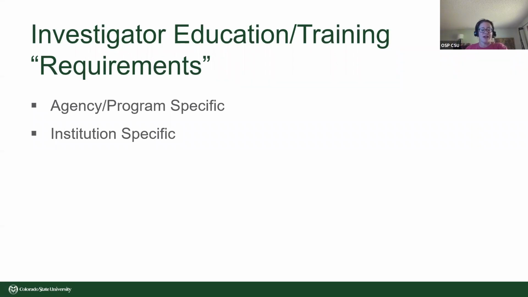The one takeaway on this slide I would say is if your institution has a federal-wide assurance number, OHRP basically says that the institution is responsible for ensuring that any investigator conducting human subjects research is trained in accordance with regulations for the protection of human subjects.